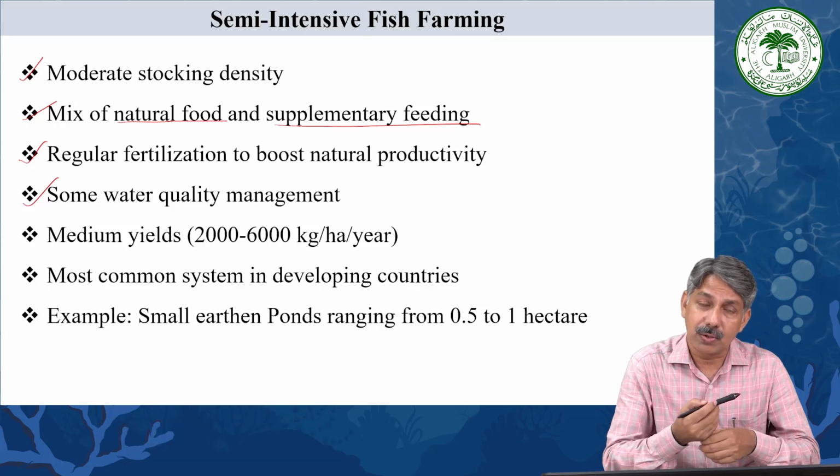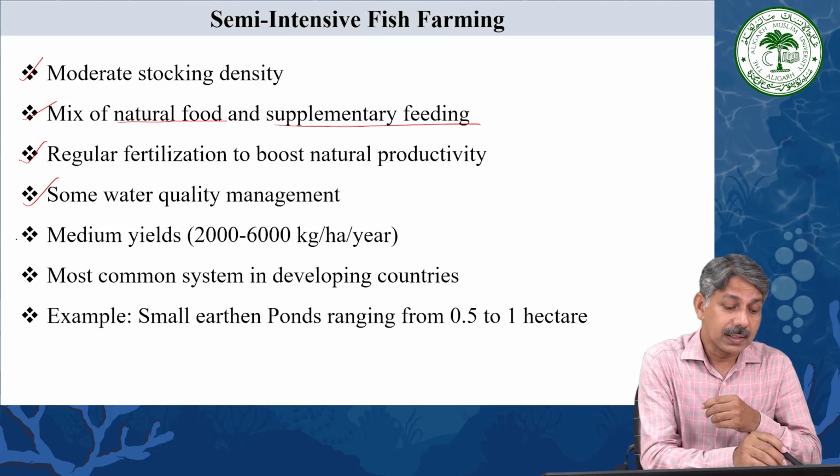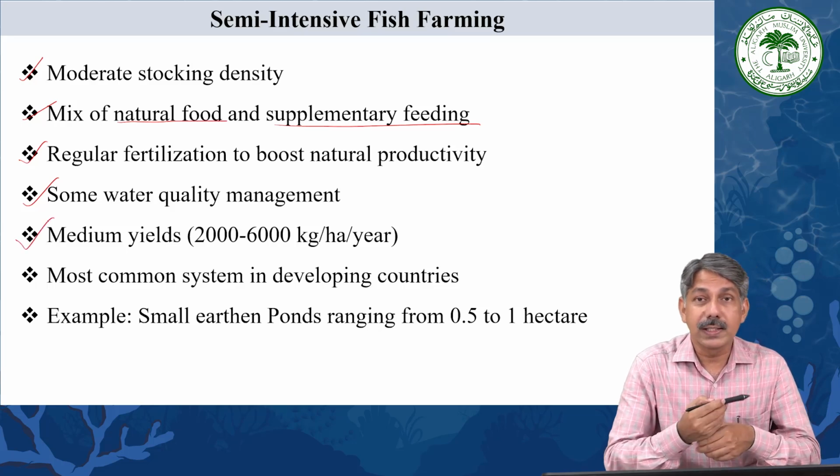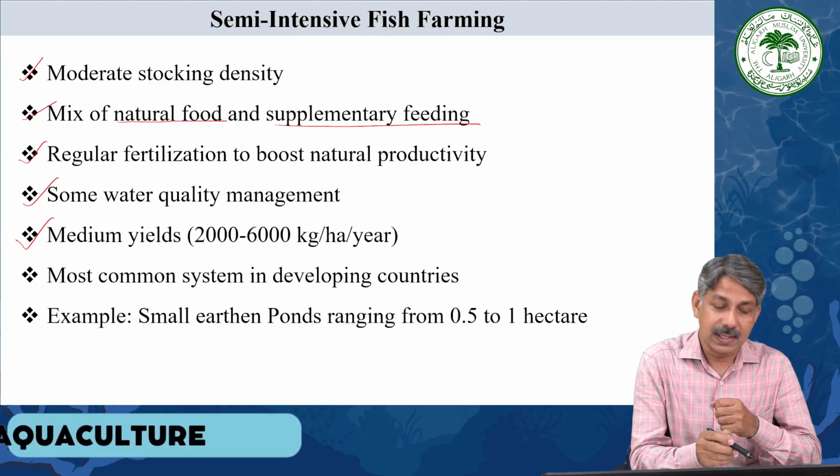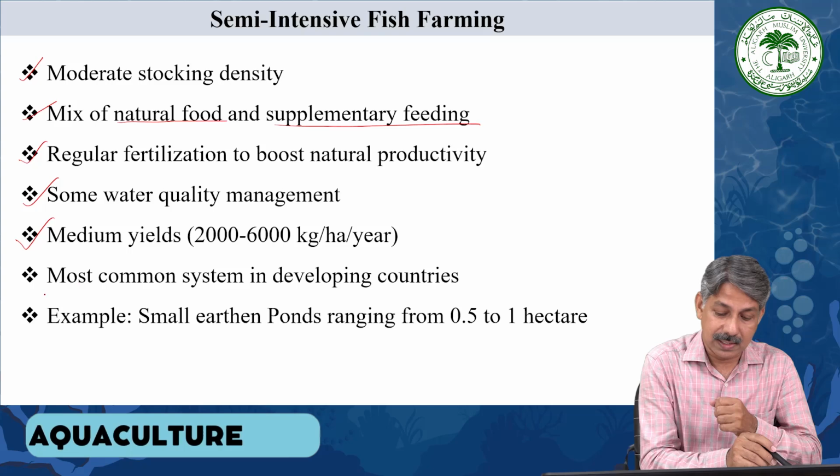We have to take care of the water quality as well as the level of water, or water quantity. When you are doing all this, the yield will increase since you have stocked more fishes and you are taking care of their food requirement and water quality. Yield has to be more than extensive.